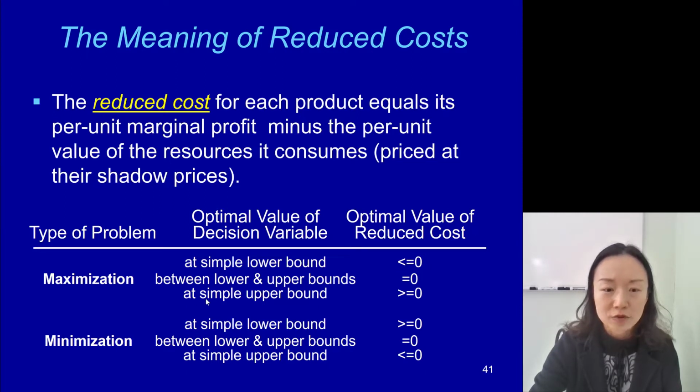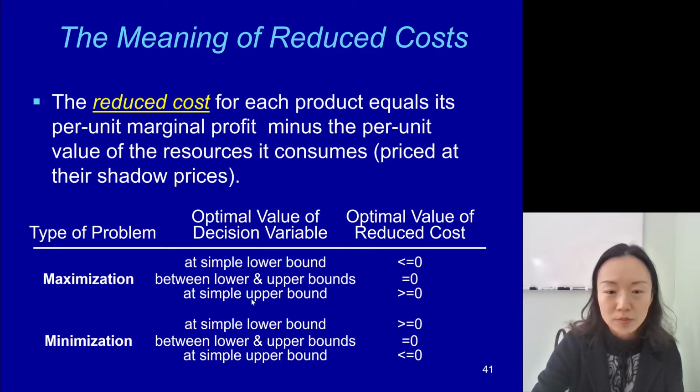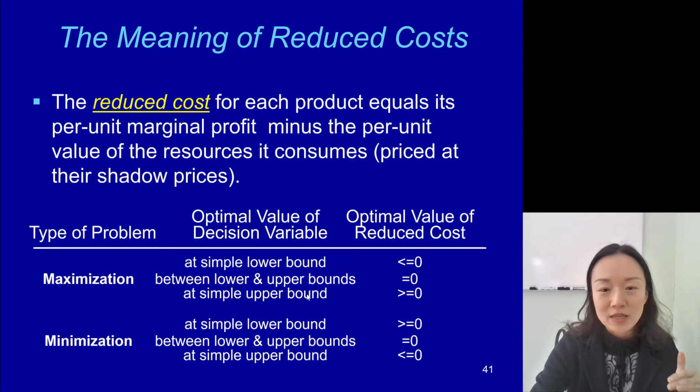And if we look at, for example, when a model is solved and a decision variable value is at its simple upper bound, okay, so that means we say x1 should be less than or equal to, say, 50. And when the problem is solved, that x1 equals 50, we put the limit for it to stop increasing. So it hit that limit and cannot go above that.